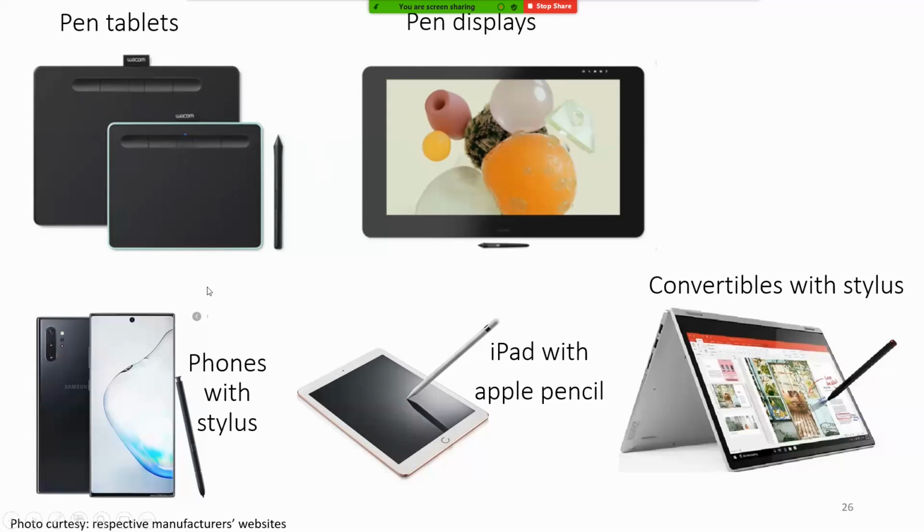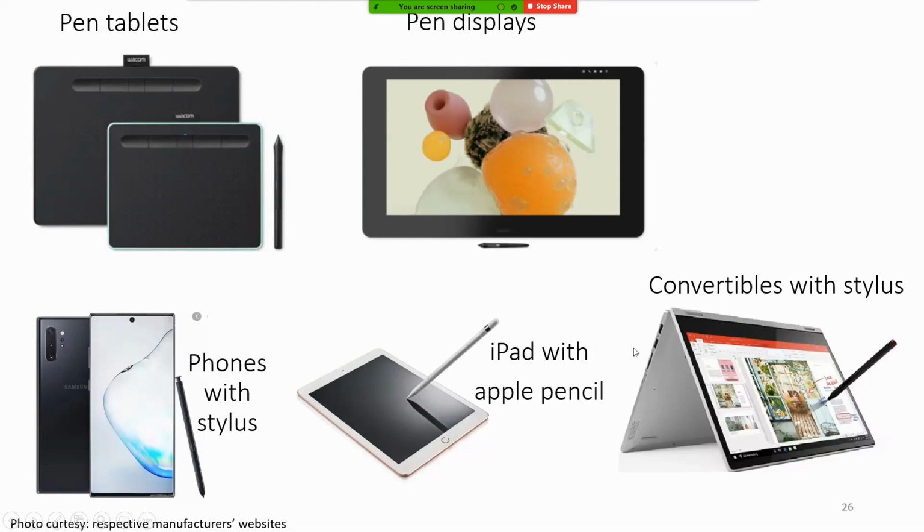Then you have other options. If you have a fancy phone like a Galaxy Note, you can use its built-in stylus to annotate. And if you have a tablet with a stylus, or an iPad, they support the Apple Pencil, very expensive items, but when you have it, it's really handy.